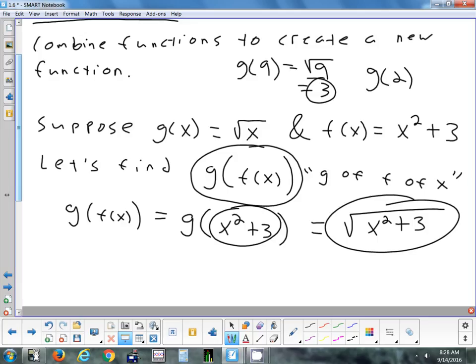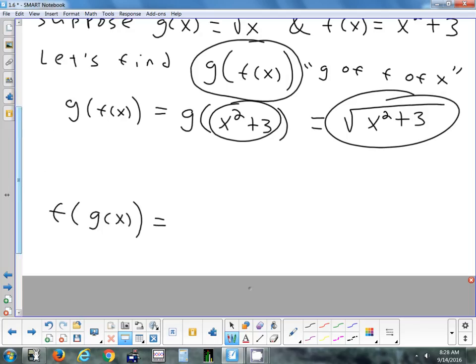They always have to give you a variable, because if g of x was equal to a constant, then there's nowhere to plug anything in. g of x is always 9. So you wouldn't have one like that. You always have to have a variable in each function to plug into.